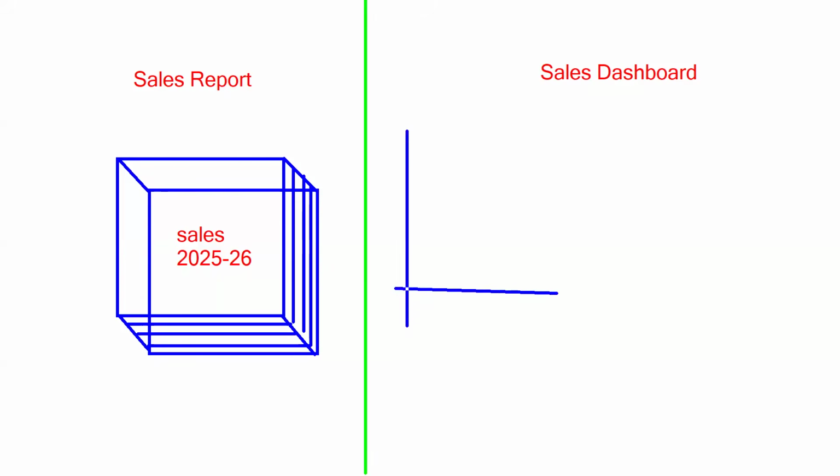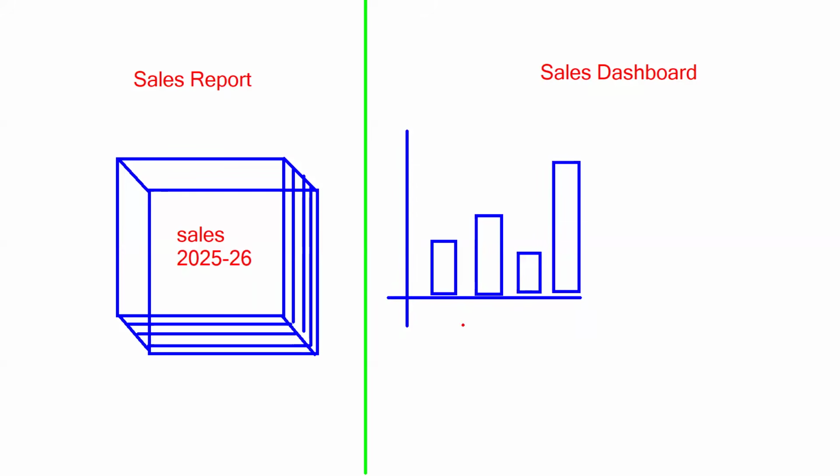That is one option. In the next option, I can provide complete sales details, like the sales for the years 2022, 23, 24, and 25.